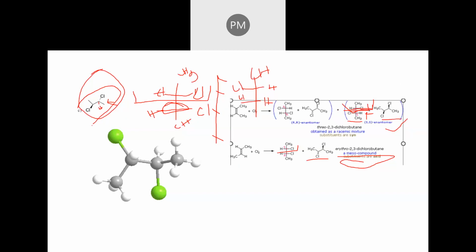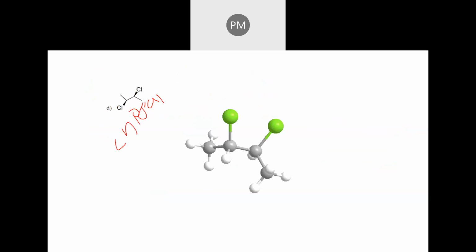The previous one will be achiral, and the next one will be a chiral molecule. For these cases, if we draw it like that, in one case Cl will be here, and in another case Cl will be here, and there will be a methyl.